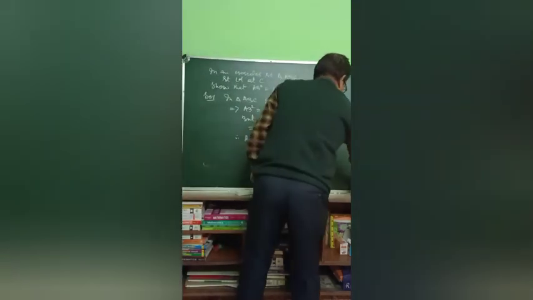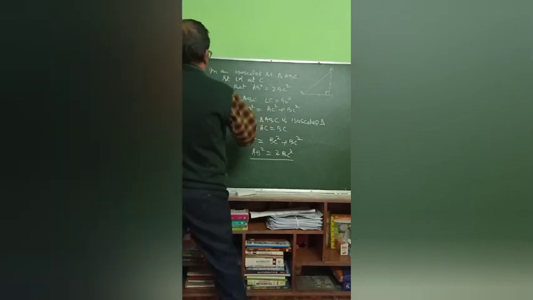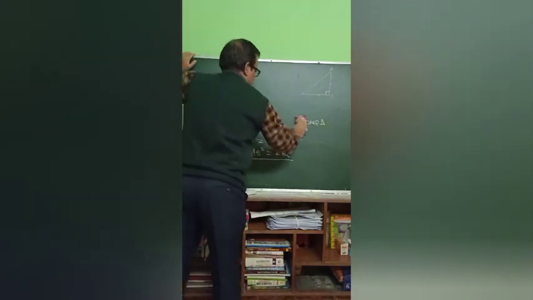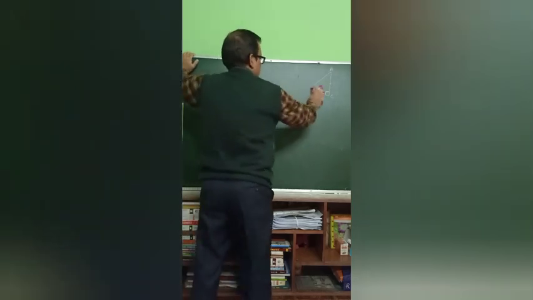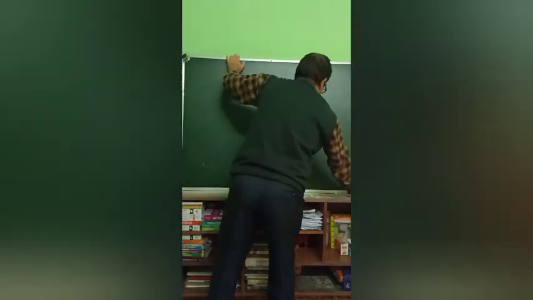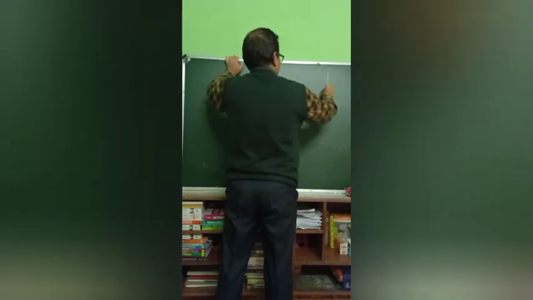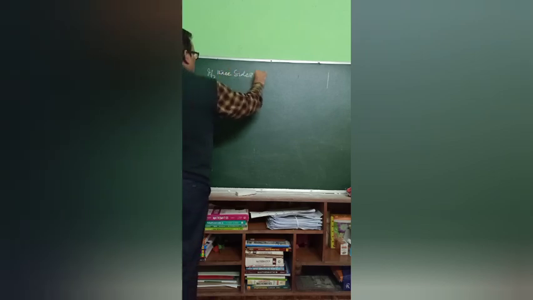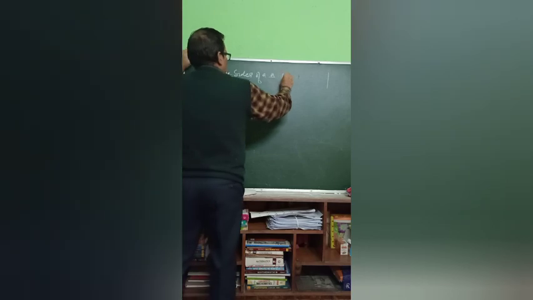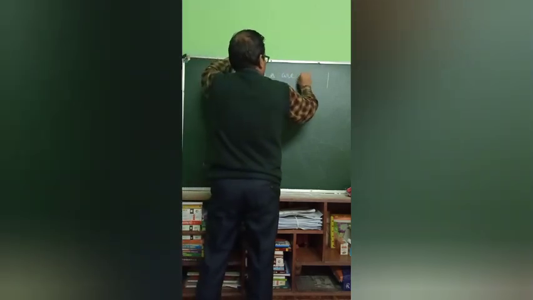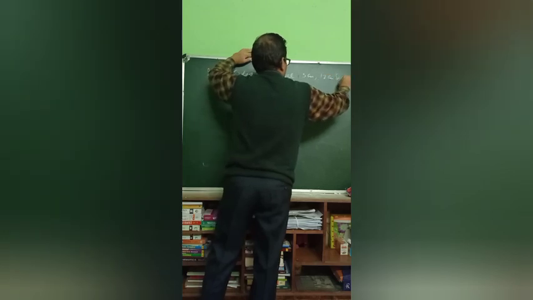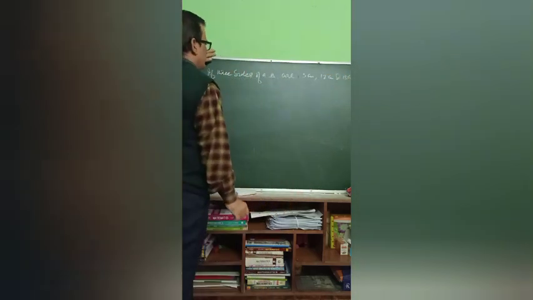So, questions here. Next, we have to show whether a triangle is a right triangle or not. If the three sides of a triangle are 5 centimeters, 12 centimeters and 13 centimeters, is it a right triangle?